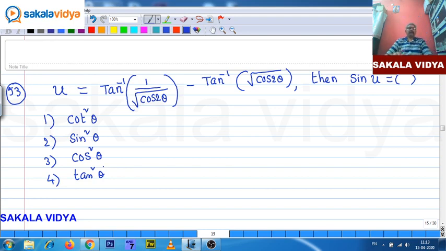Tan inverse of 1 by root of cos 2 theta minus tan inverse of root of cos 2 theta, then you need to find sin u.